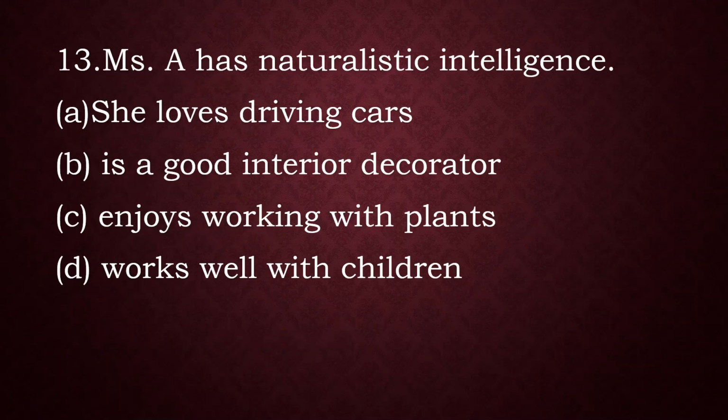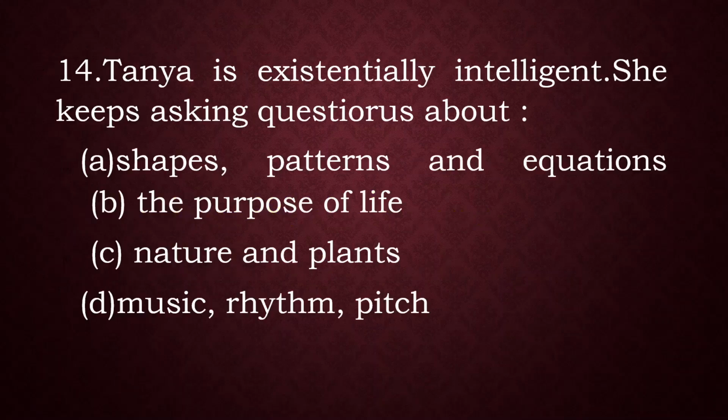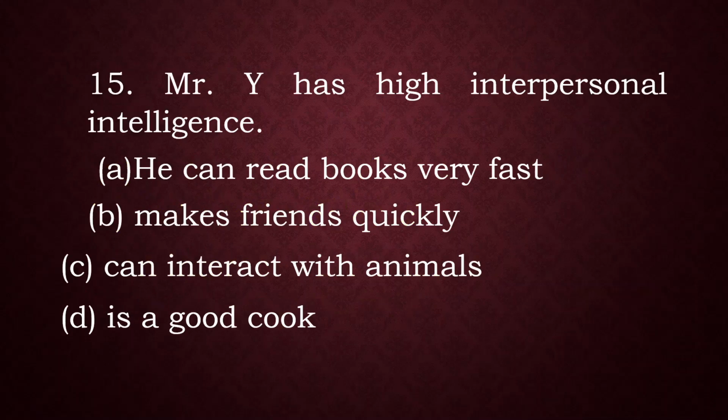13. Miss A has naturalistic intelligence. She enjoys working with plants. 14th, Tanya is existentially intelligent. She keeps asking questions about the purpose of life. 15th, Mr. Y has high interpersonal intelligence.